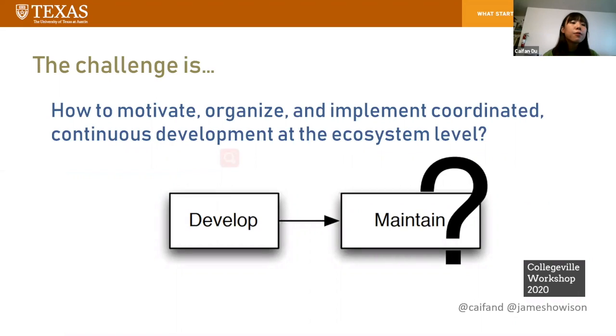So here we say, from an ecosystem view for scientific software, the challenge would be how to motivate, organize, and implement coordination of the continuous development at the ecosystem level. As for one single component change, how can we organize the corresponding change at all the assemblages, all the use contexts, in reaction to this single component change?